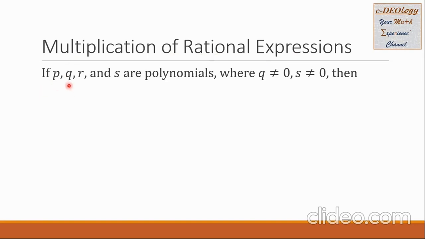If P, Q, R, and S are polynomials where Q is not equal to 0 and S is not equal to 0, then if we have the fraction P over Q times R over S, this is equal to the product of PR in the numerator over the product of QS in the denominator.